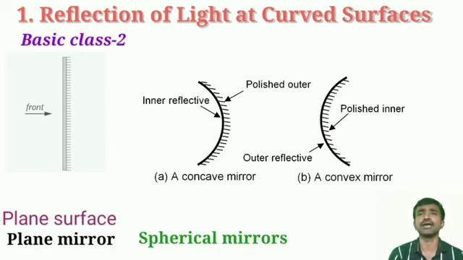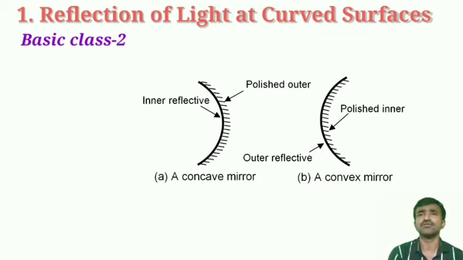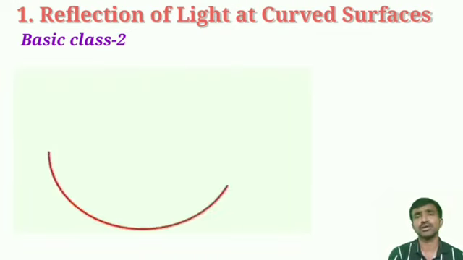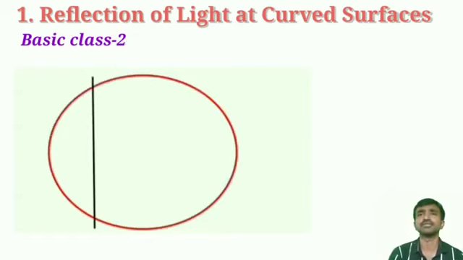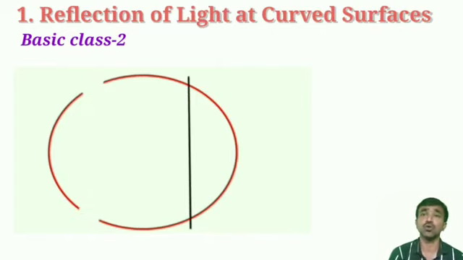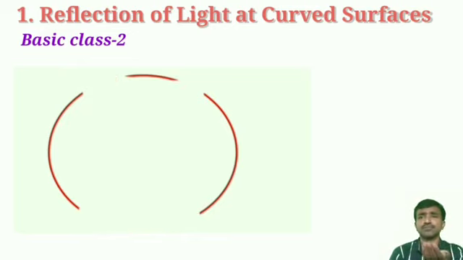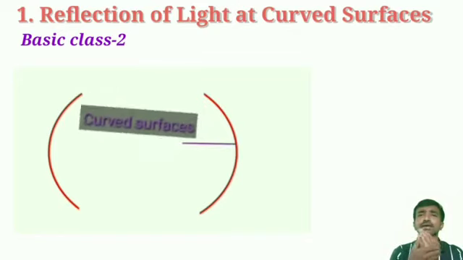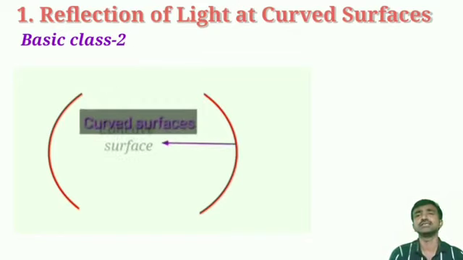Actually, the reason concave and convex mirrors are called spherical mirrors is that they are part of a sphere. When a hollow sphere of glass is cut into pieces, suppose you cut a rubber ball which is hollow inside, you will get a bowl shape. Inside it has a depth, outside it has a bulged surface. That's why they are called spherical mirrors.